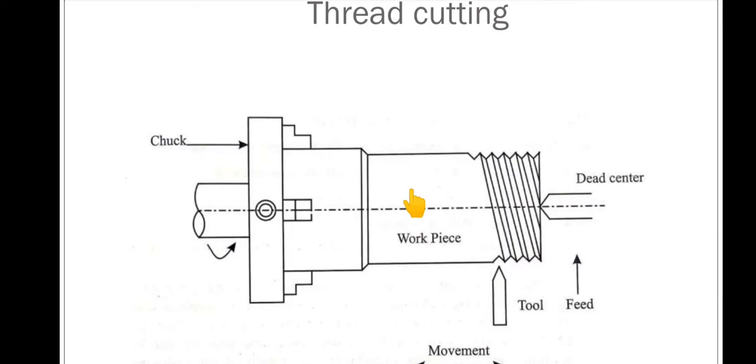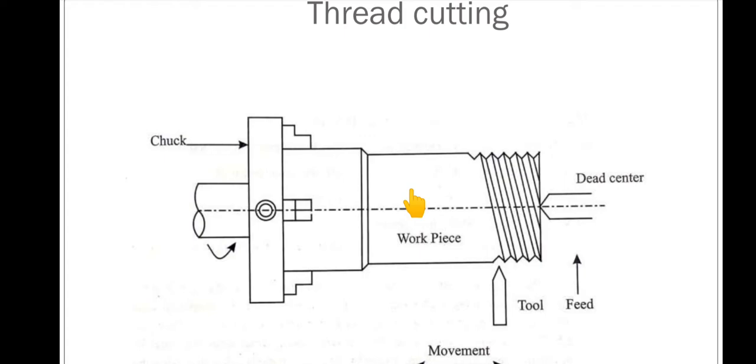During manual feed there is a chance of moving the carriage at different speeds, then the thread profile will vary. If the thread profile varies, then we are not able to tighten the bolt with the nut. So the thread profile should be even. For this purpose, the thread cutting operation is automated, to avoid any damage to the thread surface.